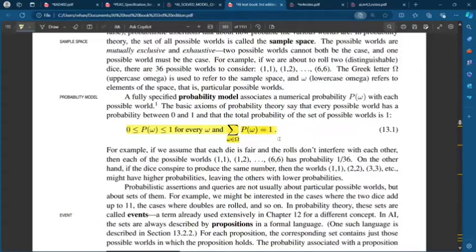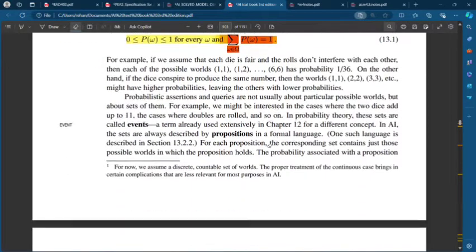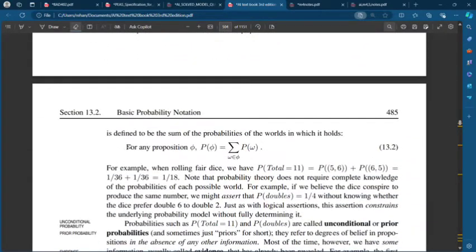Do we have anything before this? No. So just remember this part. I'm highlighting it so much. Oh, it becomes red. Whatever. Just remember the summation of P of w over w in omega equals 1.